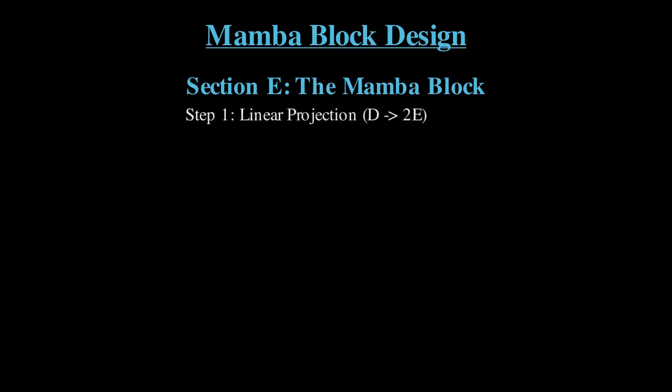All right, let's break down the Mamba block itself. It's a single, cohesive unit that takes an input sequence, X, and processes it through a series of steps. First is a linear projection up, which expands the embedding dimension, typically by a factor of 2. This gives the model more space to work with.